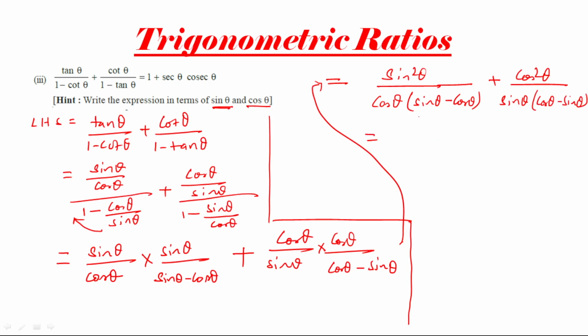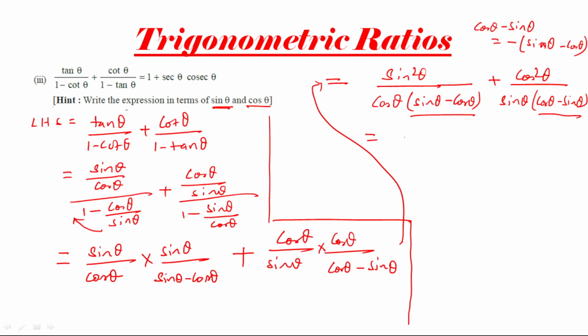Further, see here sin theta minus cos theta is there, whereas here cos theta minus sin theta is there. So we can write cos theta minus sin theta as minus of sin theta minus cos theta, in bracket.